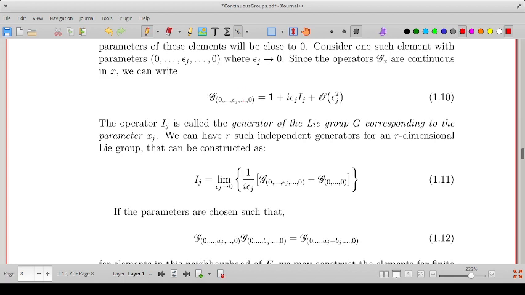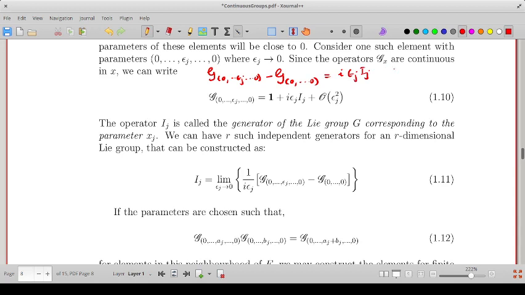Now, since there are r parameters, we can define r such generators, one corresponding to each of these parameters. And from this, we can easily see that if I take G(0, epsilon_j, 0) minus the identity, and take this to the left, which is nothing but G(0) for all values of the parameters, that would be equal to i epsilon_j I_j plus order of epsilon square terms.